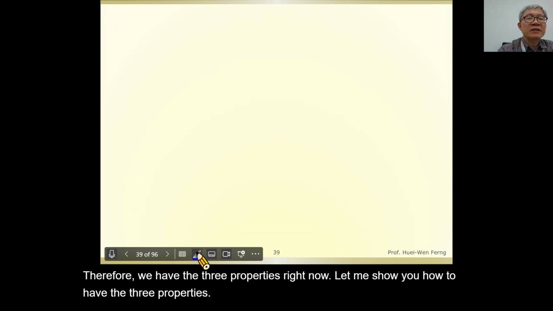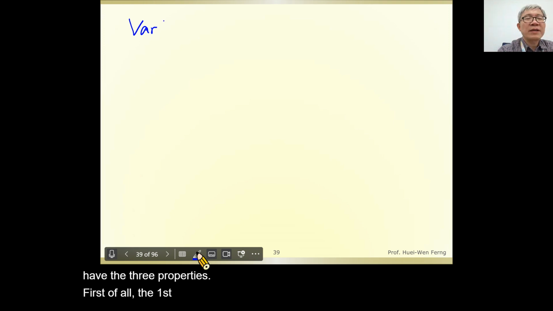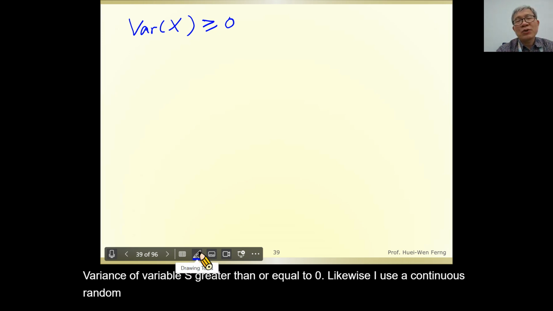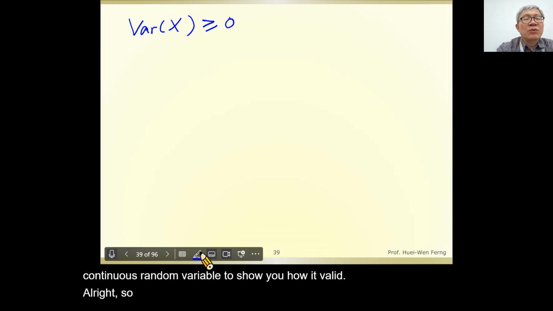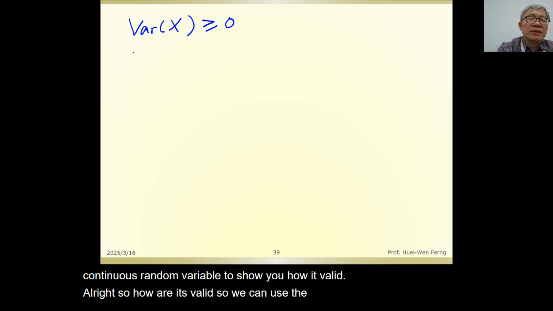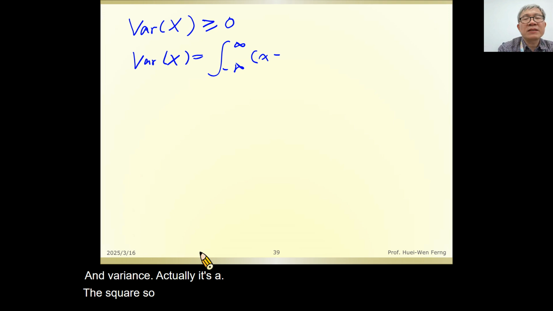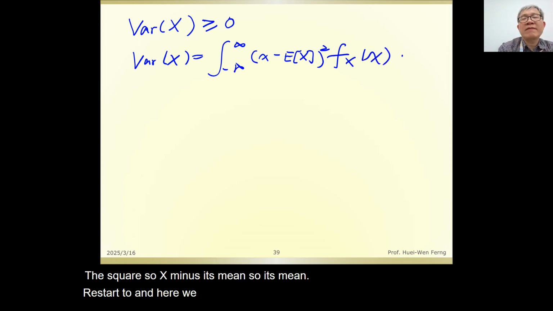Well, first of all, the first property: variance of variable X is greater than or equal to 0. Likewise, I use a continuous random variable to show you how it's valid. So how is it valid? We can use the definition of variance. Variance is the square of X minus its mean, raised to the power of 2, and here we have the PDF.